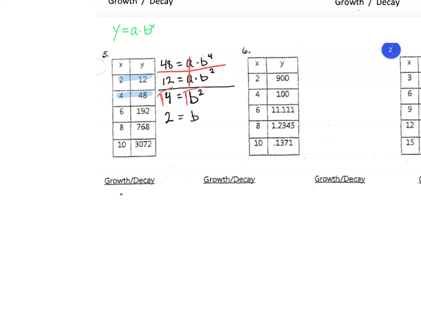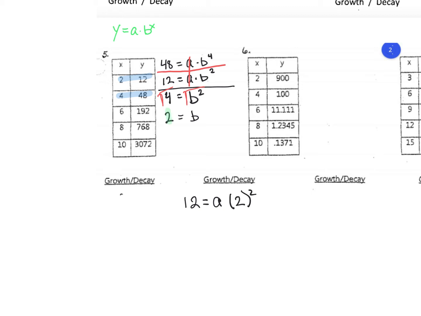Now we're going to take our value and plug it back into one of these equations. It does not matter which one. I usually tend to go for the one with the smallest exponent just because my numbers end up being a little bit smaller. So if I was to plug that back in, we're going to have 12 is equal to some a value, we don't know what, times 2 squared.